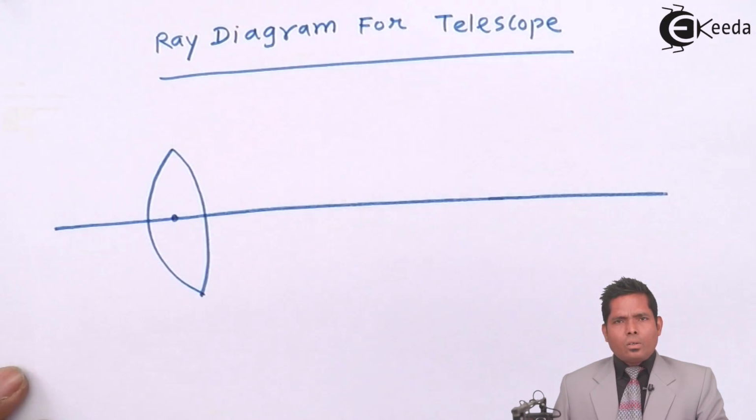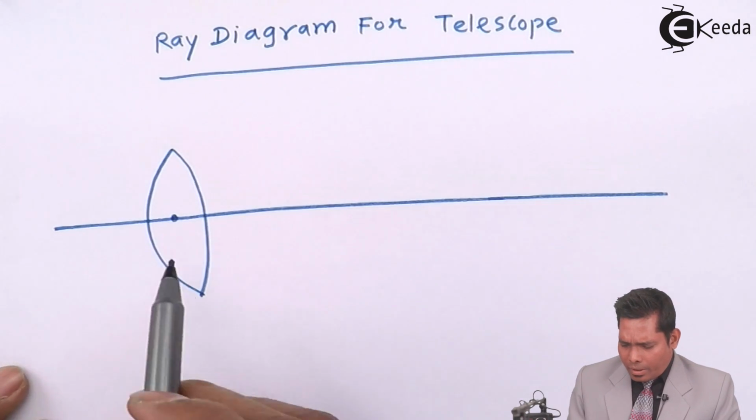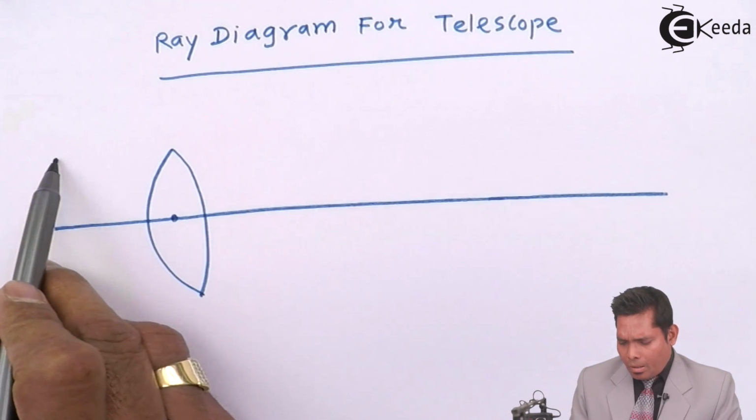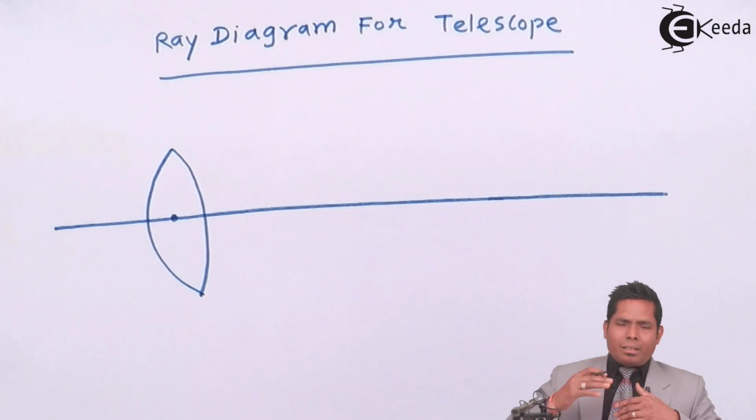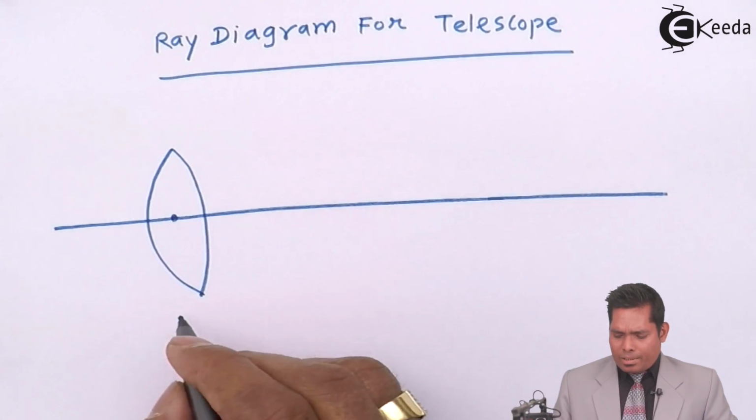This is center, optical center, and the ray has to be, because the object is at infinity, so the rays are coming parallel to this objective lens.